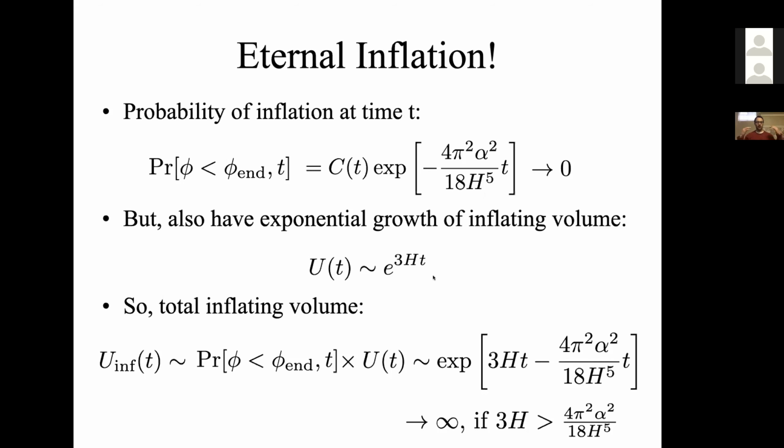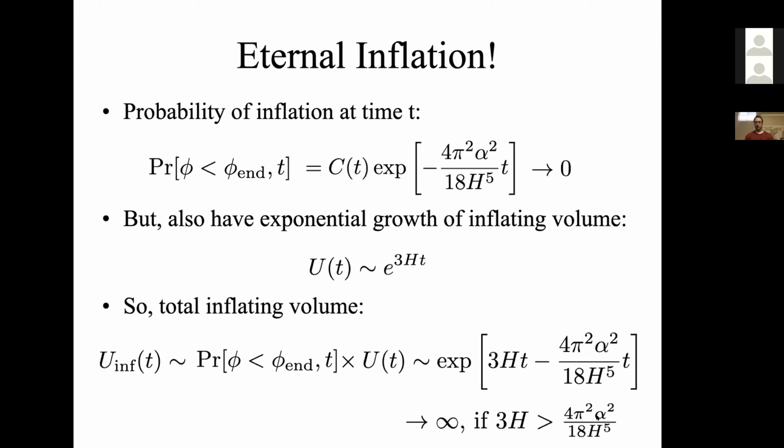So inflation is ending in most points in space due to this exponential decay, but new space is being created at this exponential rate. And so the question of whether or not inflation is eternal amounts to the question of which of these effects wins. Is it the exponential growth of the universe, or is it the exponential decay?